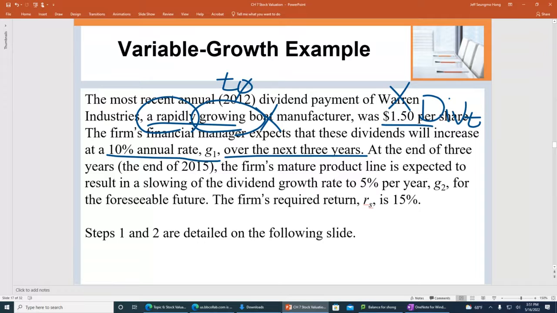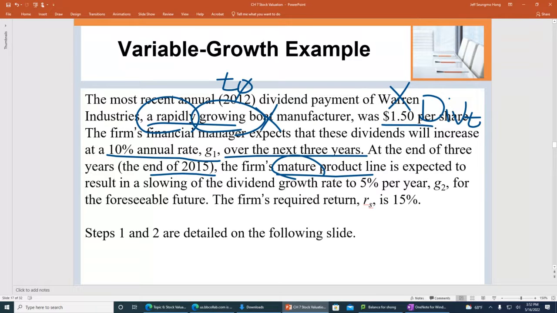At the end of 3 years, end of 2015, the firm's mature product, now they say mature. When the company is in the mature stage, they don't grow; there's very little room for growth.